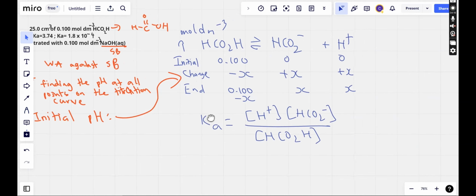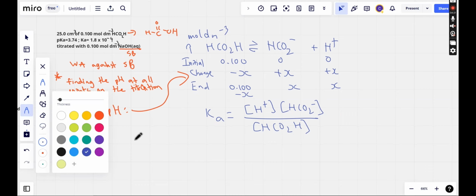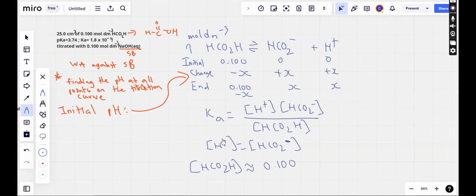Let me just shift the board. I should keep my handwriting a bit smaller. Okay, so the concentration of H plus is equal to the concentration of HCO2 minus, as shown by the x and x here. And the concentration of HCO2H is approximately equal to 0.100. Let's just recap the assumption quickly.